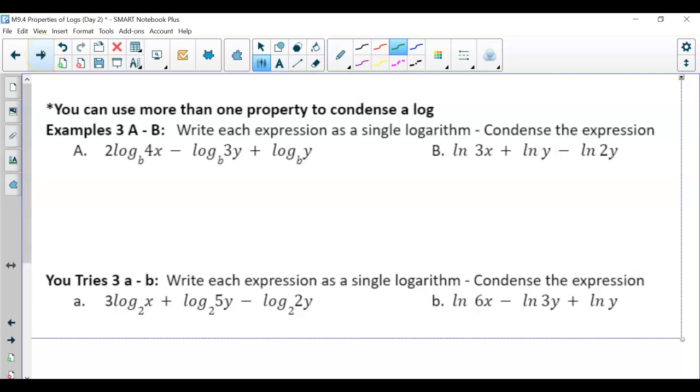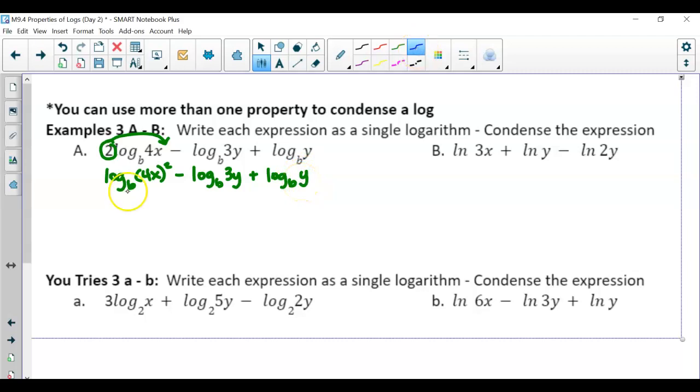So now we're getting into using multiple properties in order to condense. For example, I notice that here in the first example, we have a coefficient of 2. If you recall, whenever we have a coefficient and we need to condense, this coefficient can be rewritten as the exponent. So here I've got log base b of 4x squared, then minus log base b of 3y plus log base b of y.